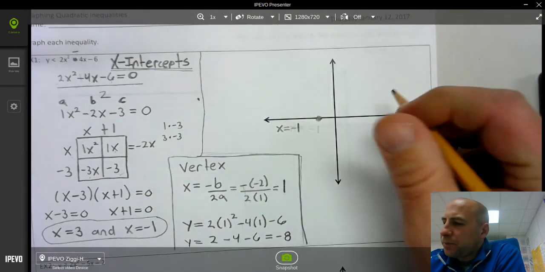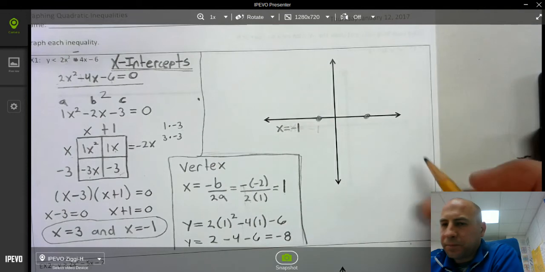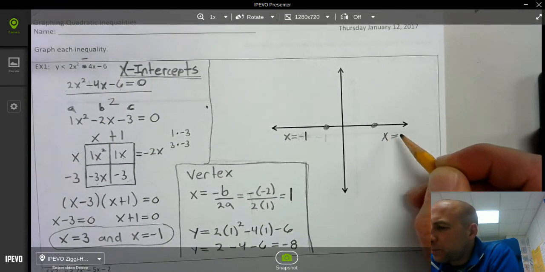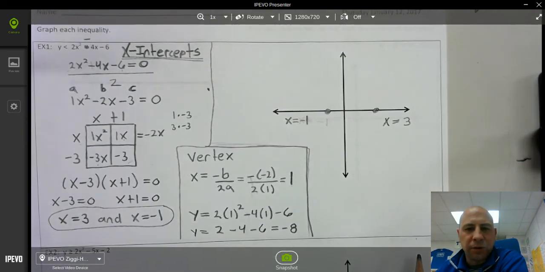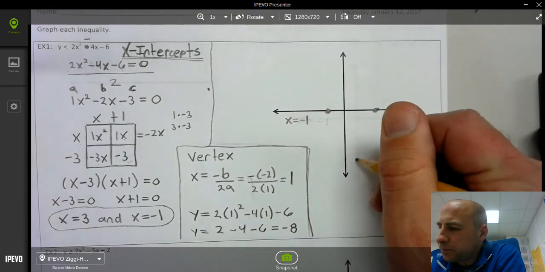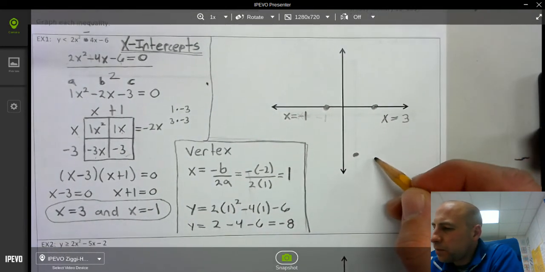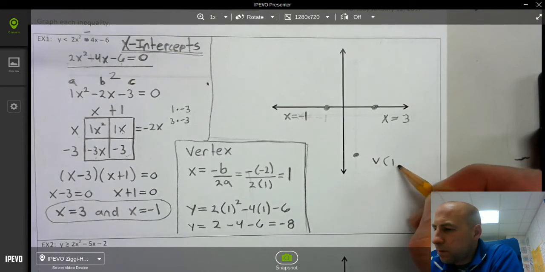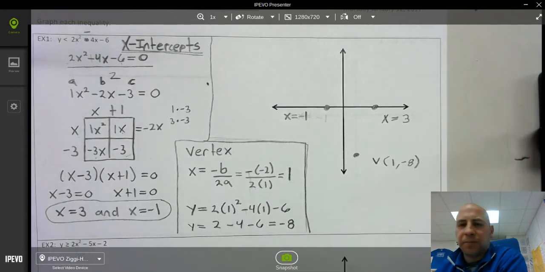And then 3 right here, we know, again, it just has to be in the right place on the number line. And then the vertex, we know, is 1, -8. So we go to the right 1, down 8. And again, just has to be in the right region.